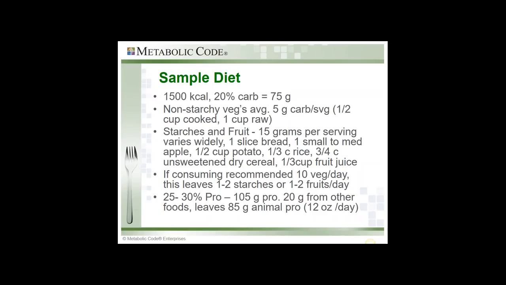When you get 20 grams of protein from your other foods, that leaves about 85 grams of animal protein per day. That's 12 ounces split up between the 3 meals per day. So that would follow that anti-inflammatory diet recommendation perfectly. If we have a serving of lean protein at each major meal, say 3 ounces at breakfast, 4 ounces at lunch, and 5 at dinner, or you could split it up evenly.